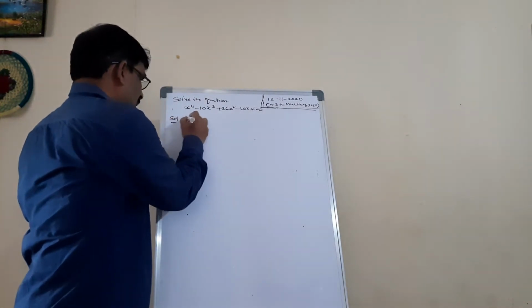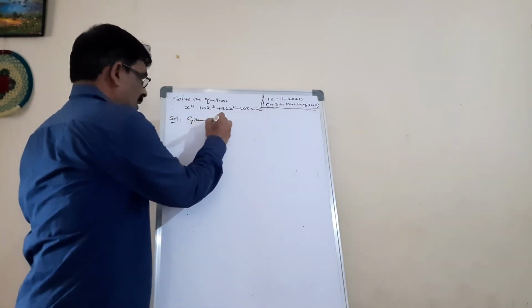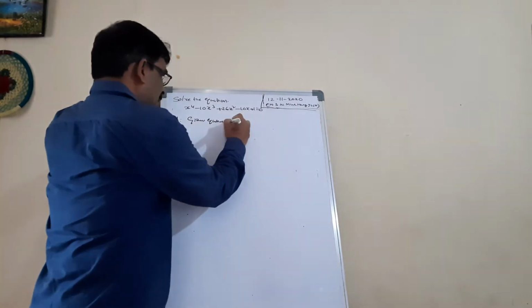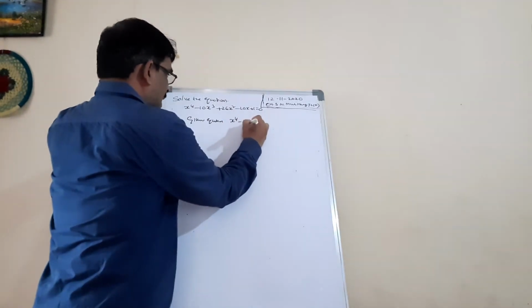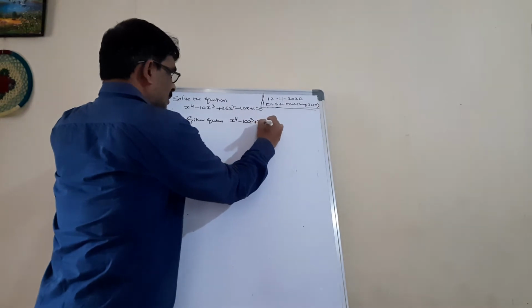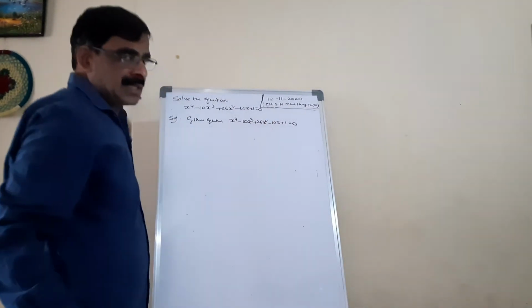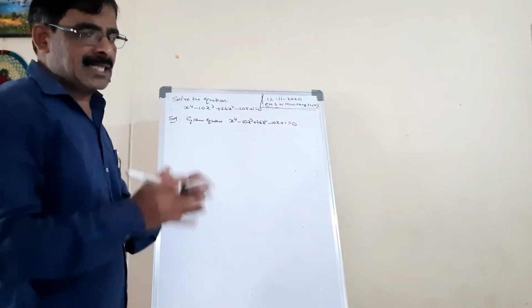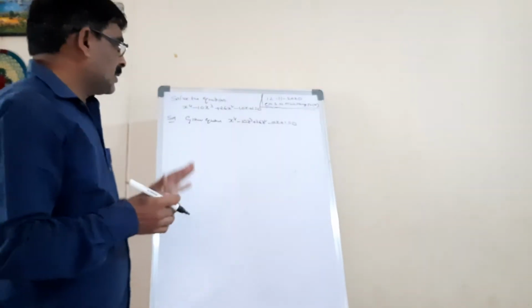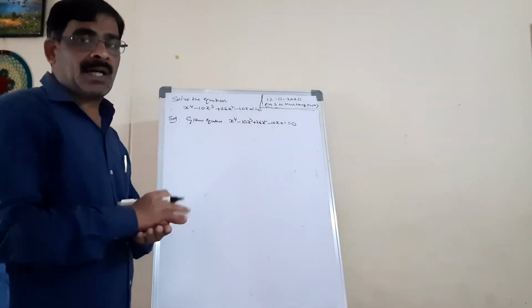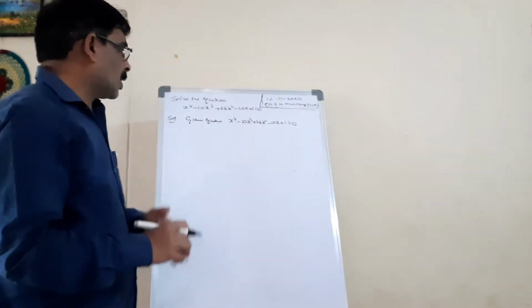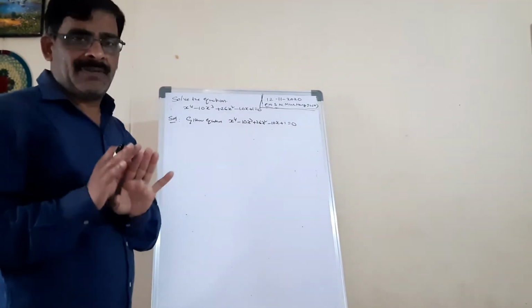First, write the given equation: x to the power of 4 minus 10x cube plus 26x square minus 10x plus 1 equal to 0. Next, you have to decide whether the equation is class 1 or class 2. No doubt, it is 4th degree, which is even.